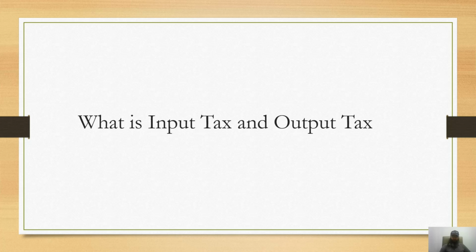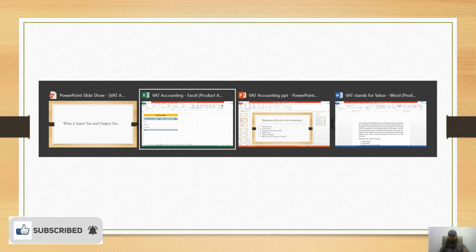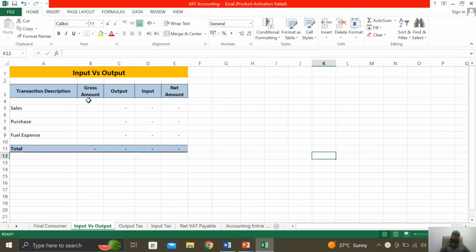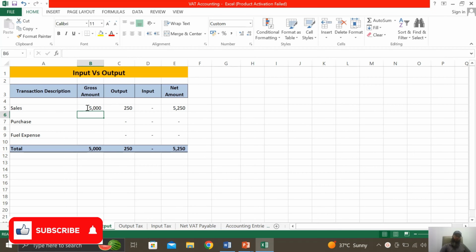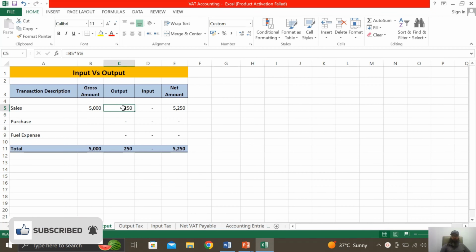Now we will see the concept of input and output tax. To understand this, we will see one example in Excel. Here a business makes an invoice of 5,000 dirham, and the 5% VAT is calculated as 250.